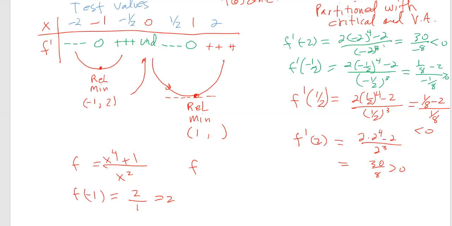And f of positive 1 will be also a 2 over a 1, which is a 2. Okay, so that's it in this determination. So we see a relative minimum at -1, 2, another relative minimum at 1, 2.